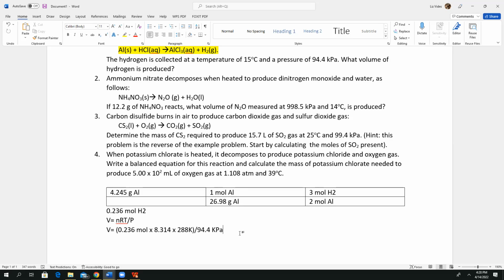Okay, so 0.152. Yeah, 287. I don't know. Not getting the right answer there, but I should.